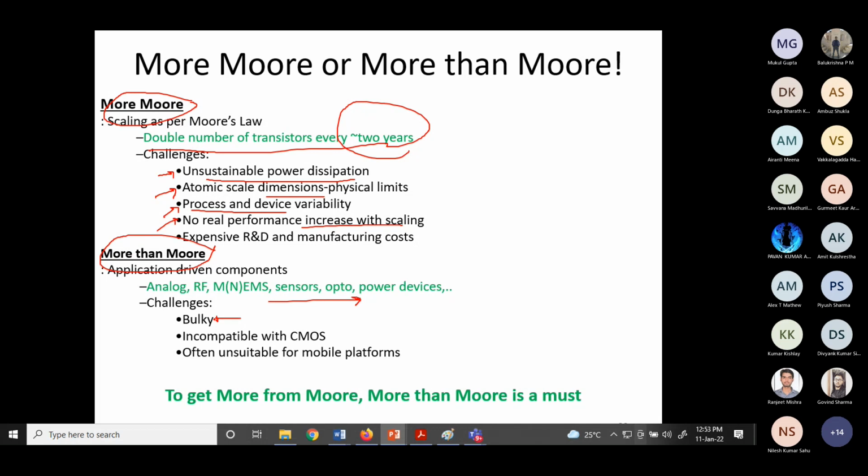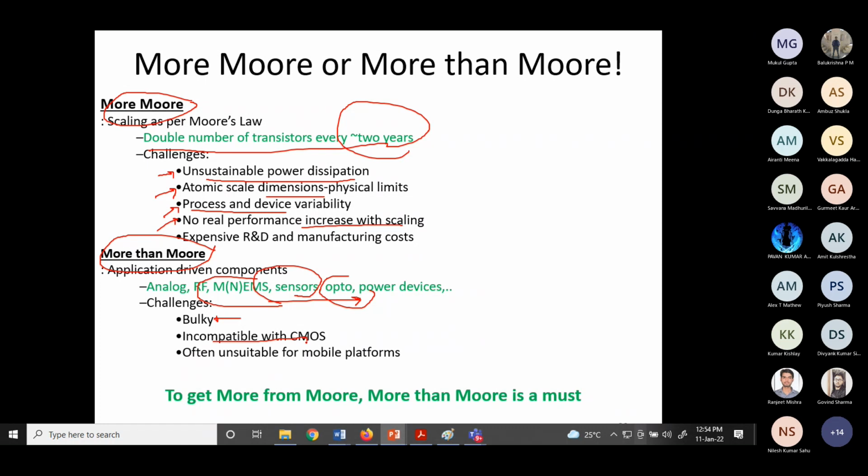You are basically accommodating different sensors, different devices, RF devices. Those are not conventional electronic circuits; they use something else as well. They do not belong to conventional CMOS. These sensors, or optical devices, are incompatible with CMOS.